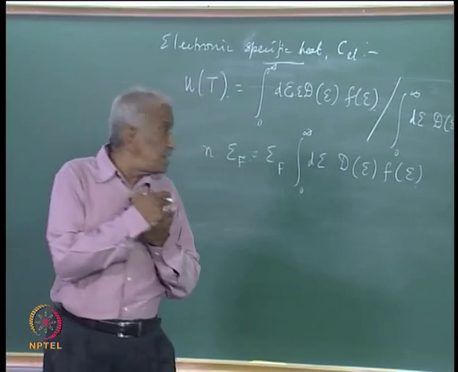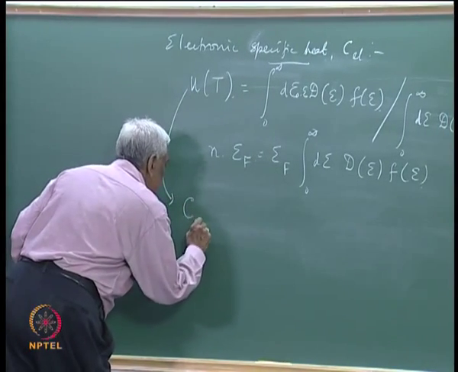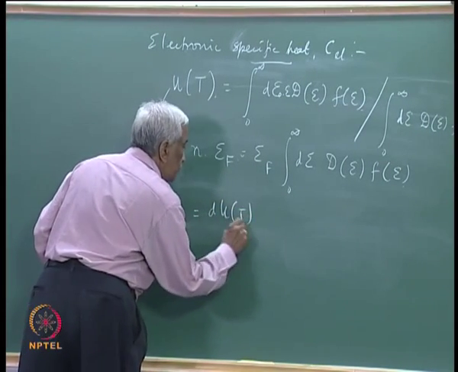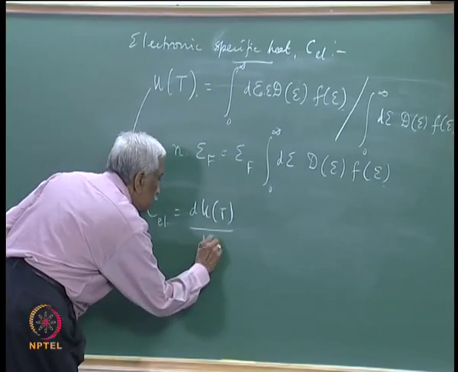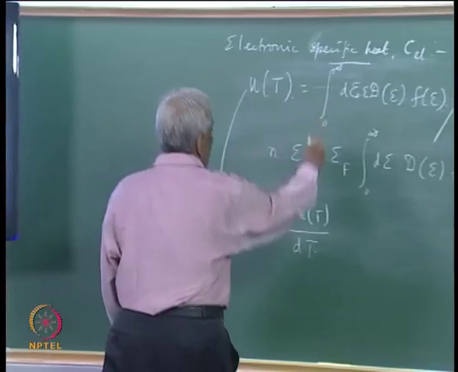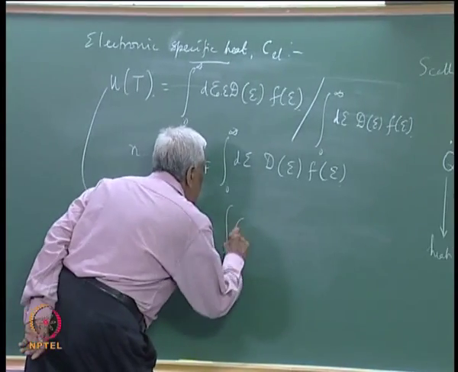Now we take these two. We know that the electronic heat capacity or specific heat is got by differentiating the average internal energy with respect to temperature.